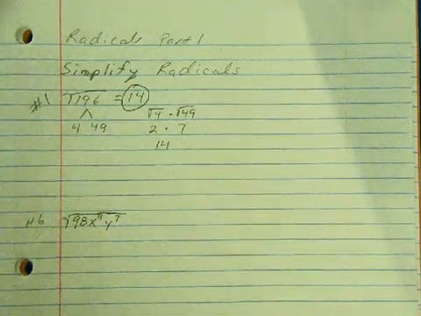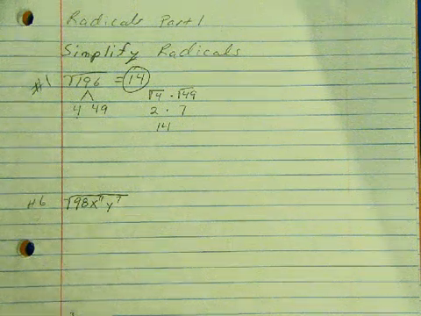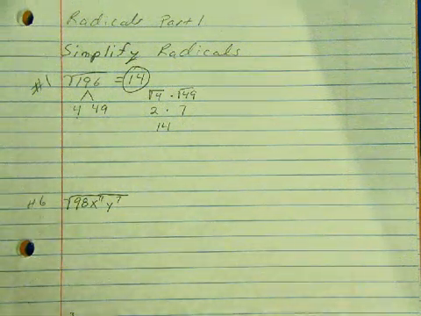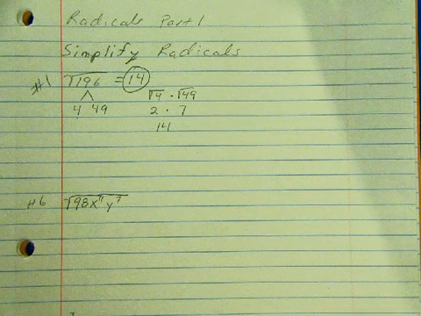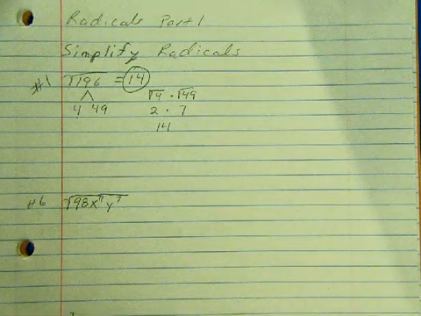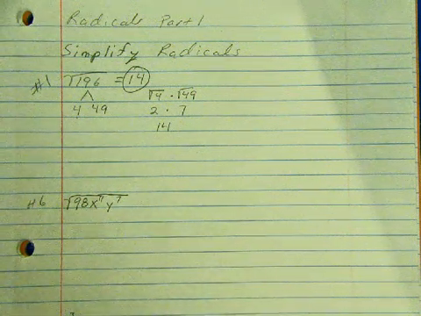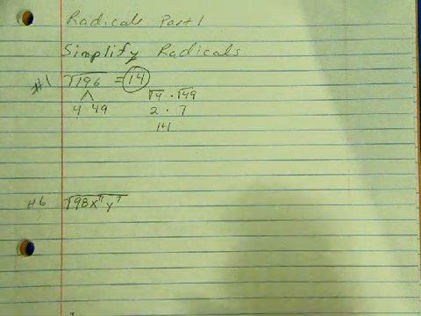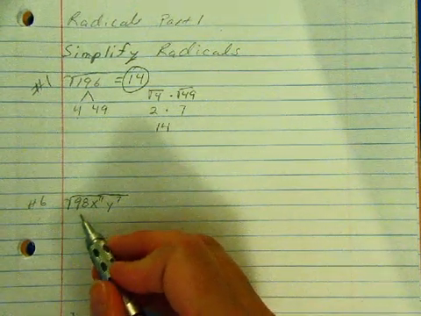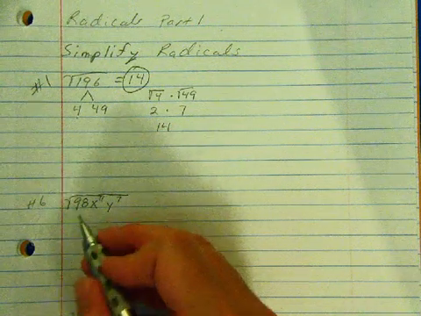Okay, so let's go on to number 6. Number 6 is not a perfect square, and it has some variables in it, so that adds a couple different pieces. The first part is breaking these different things down and looking again, like I said, for those perfect squares. So I'm going to look at the 98 first. 98 is an even number, so I know 2 is going to go into that.